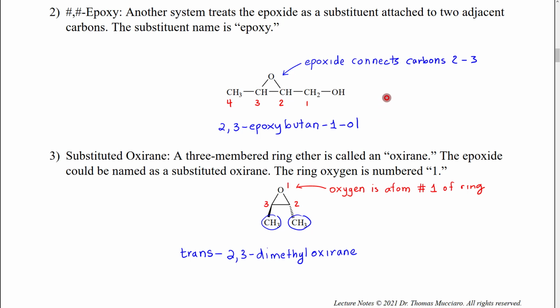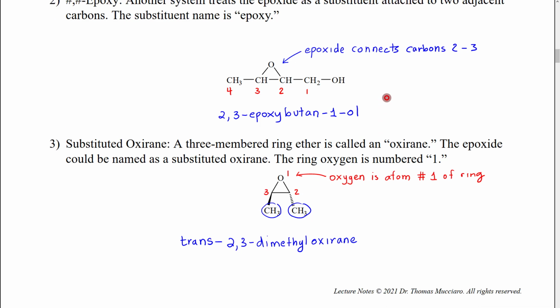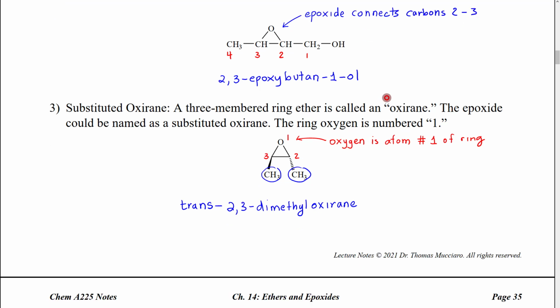There is one more way that is used to name epoxides, and that is to name the epoxide as if it is a 3-membered heterocyclic ring. Remember, the 3-membered heterocyclic ring is called oxirane, with substituents attached to it.